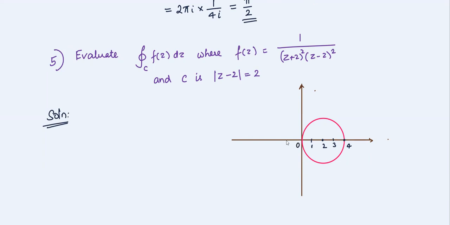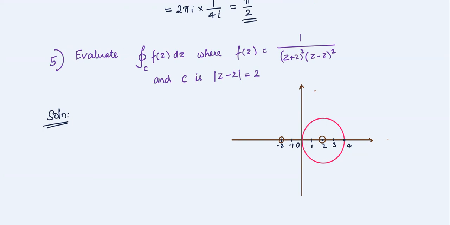This is 0, this is minus 1, this is minus 2. Now this f of z has second order poles at 2 and minus 2. We have got second order poles at 2 and minus 2.